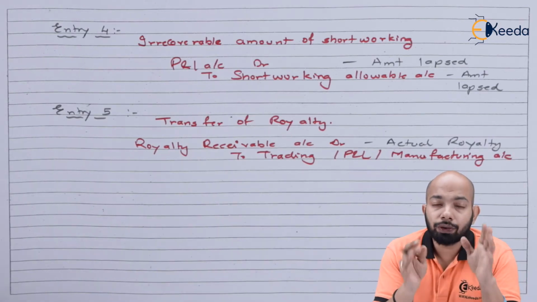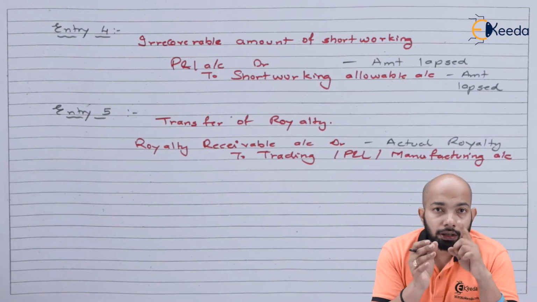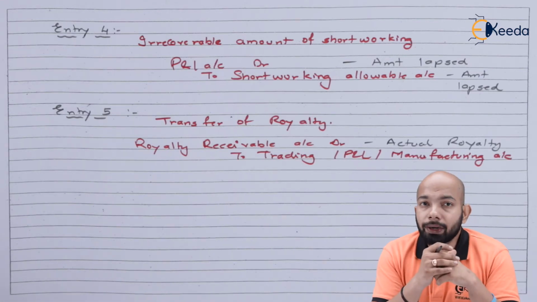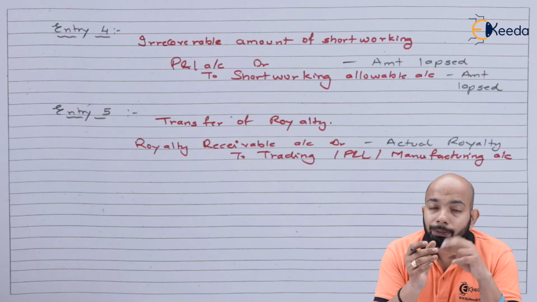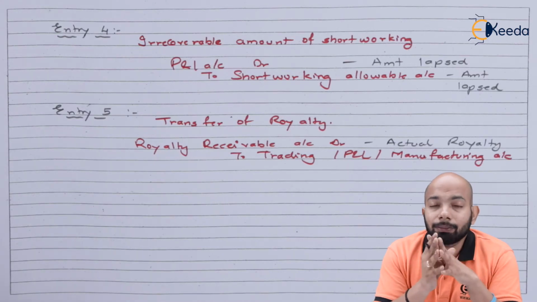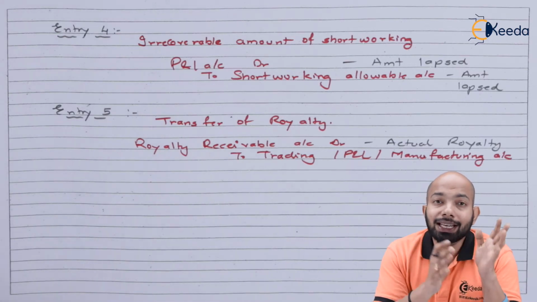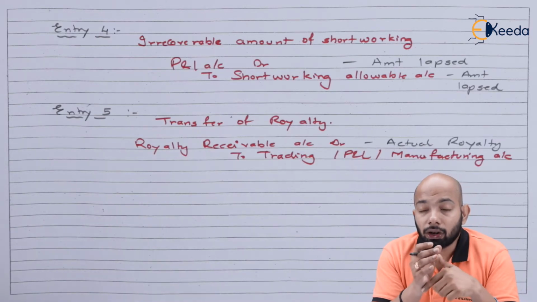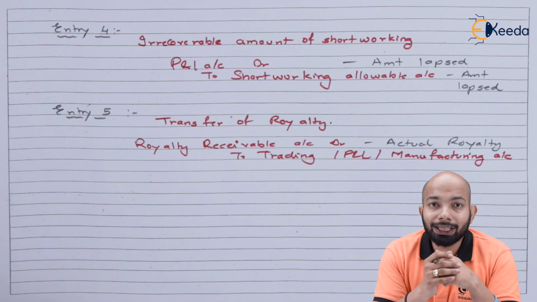Whatever royalty you have received, you have to transfer it. If you remember, royalty receivable was something that was opened earlier, that means whenever we passed the due entry, this is something that we opened. Receivable is an asset, hence it has a debit balance. Similarly, since we have received it, we are closing it, hence it is supposed to be credited here.